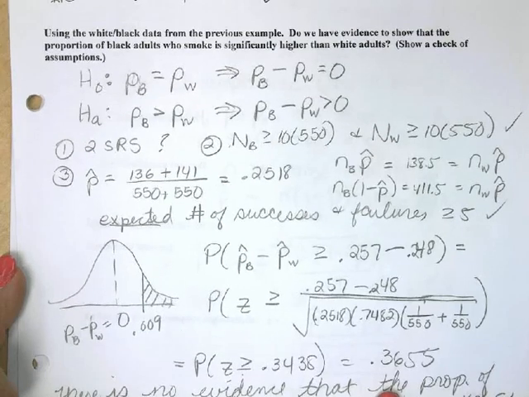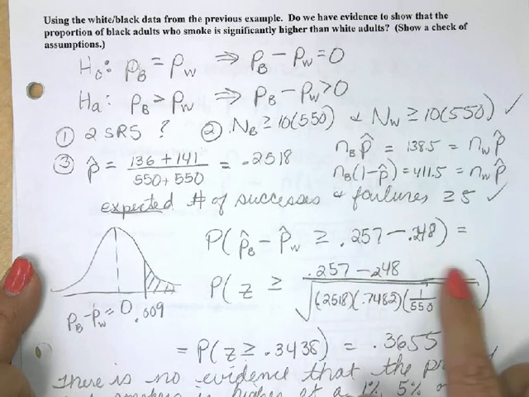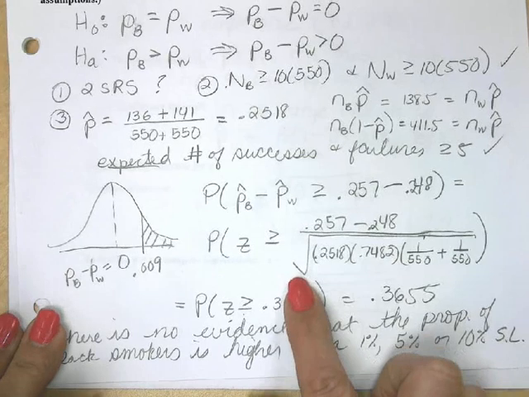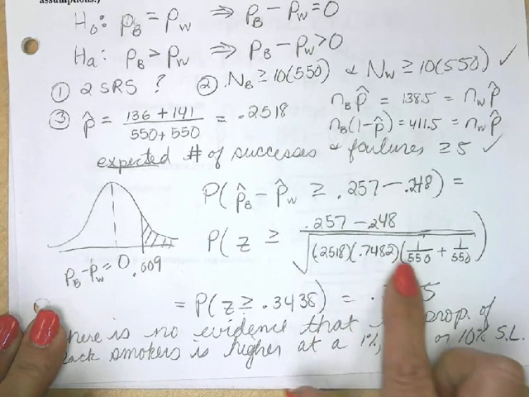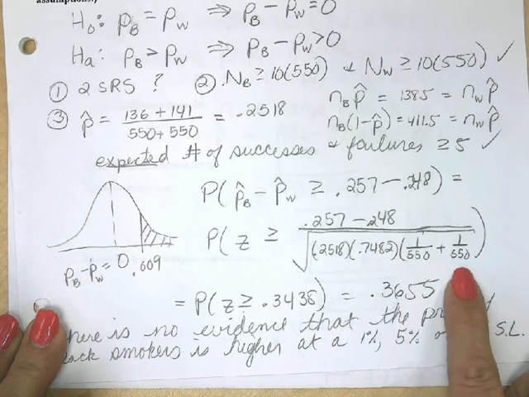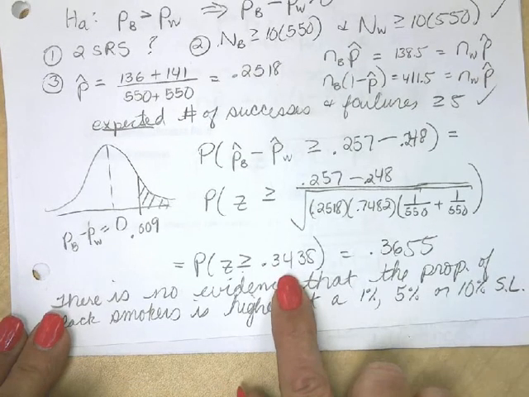You could use the other version of the formula. And so I have what I got minus 0, because that's where I'm assuming that the picture's centered. And then I have down here the factored version. This really could be the same as writing this times this over 550 plus this times this over 550 if it were distributed through. The test statistic is calculated to be this value.